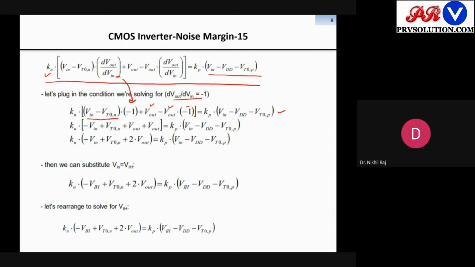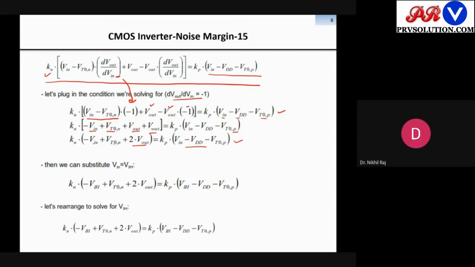So V in minus Vt naught will come with a minus sign, so minus V in plus Vt naught plus V out, and minus minus will be plus V out. And this side will be Kp, V in, Vdd, Vt naught, no change in the RHS. Further, minus V in, V out is 2 V out and Vt naught, and here Kp has no change. So we got this equation.